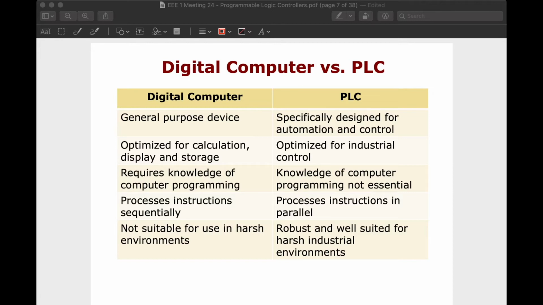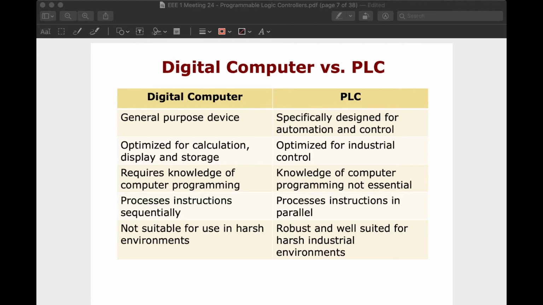So again, the PLC is specifically designed for automation and control, while our everyday computers are designed as a general purpose device. So we can practically do anything with our digital computer, with our personal computers. While the PLC, again, is specifically designed for industrial purposes, primarily automating and controlling industrial processes.